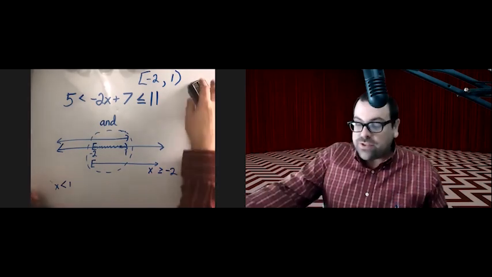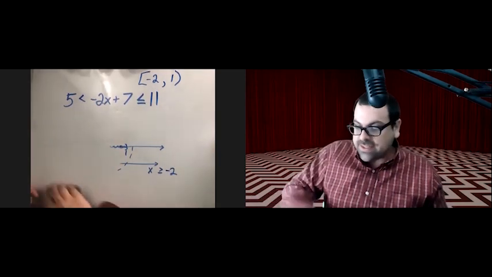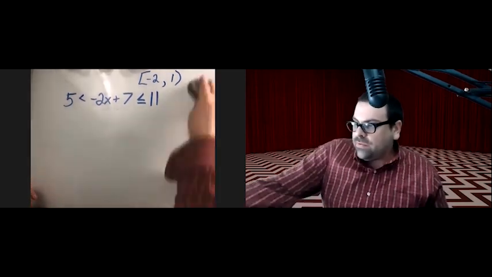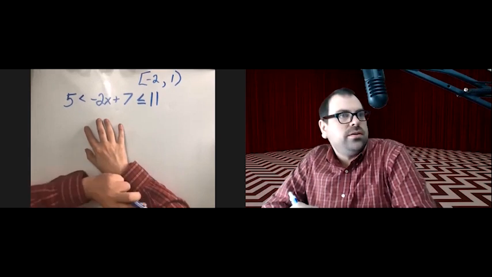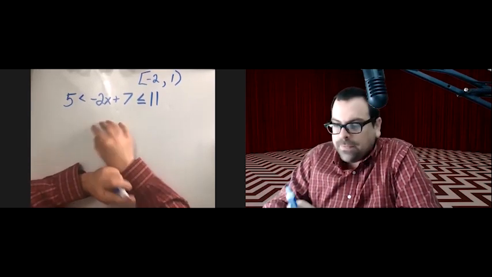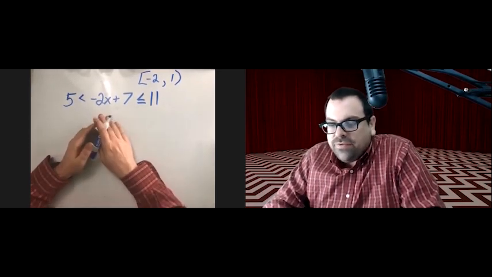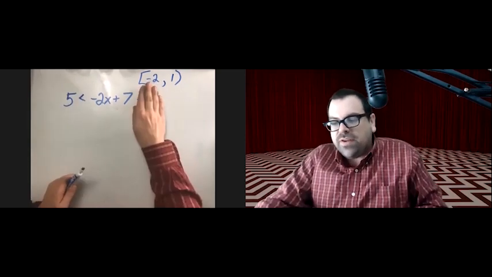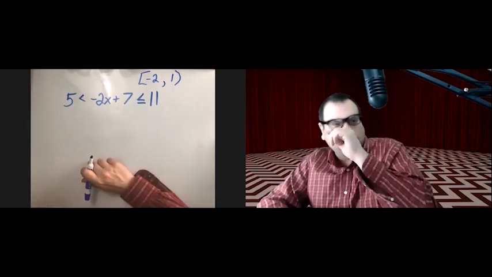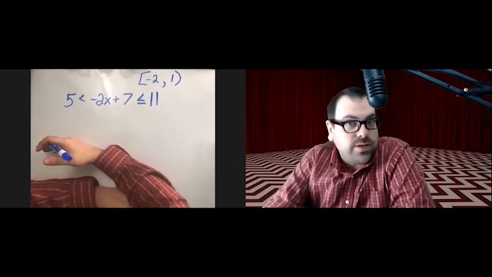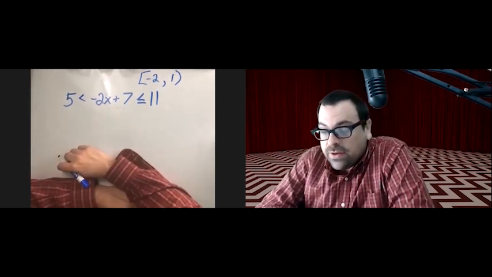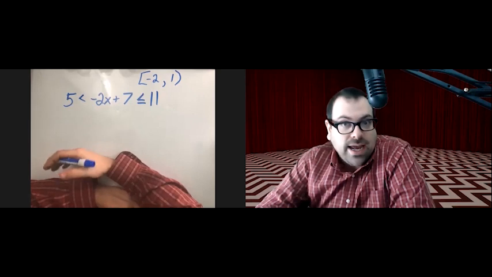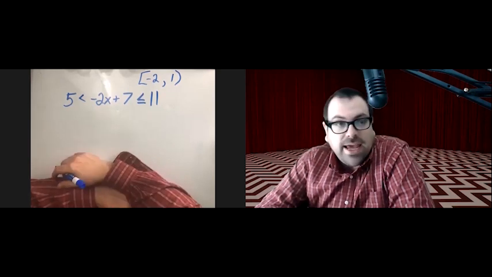There's a shortcut of sorts that's going to get us to the same answer. And it's just leaving it together. Instead of solving that one and then solving that one, and using our strategy of whatever we do on one side, we do on the other, trying to get X on one side, let's get X in the middle.